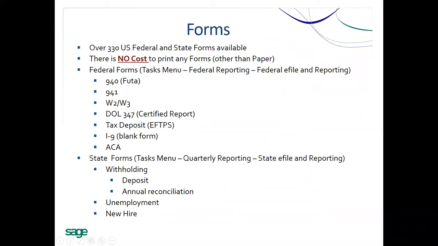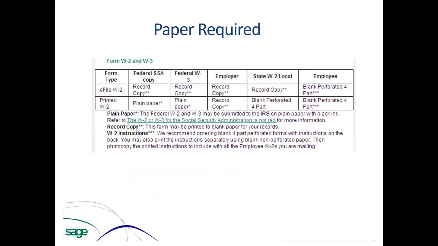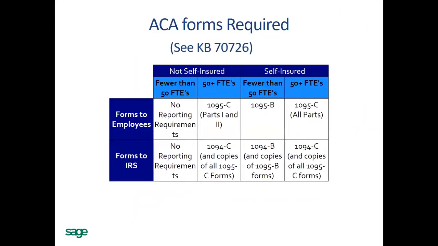We're going to take a quick look at ACA here in just a second. What we're going to do today is just look at the actual printing of the forms. I've got a screenshot here of whether or not you need to produce the ACA form. This has to do with larger employers.